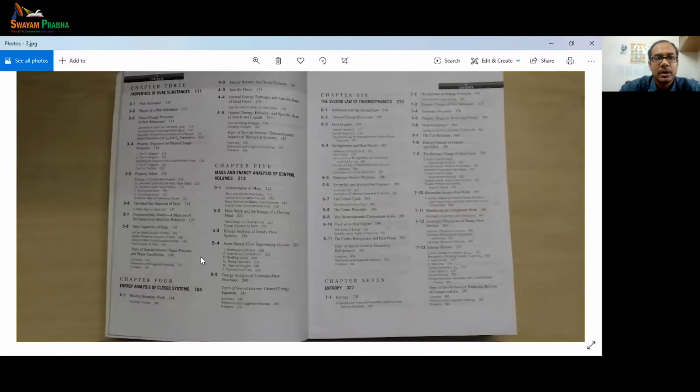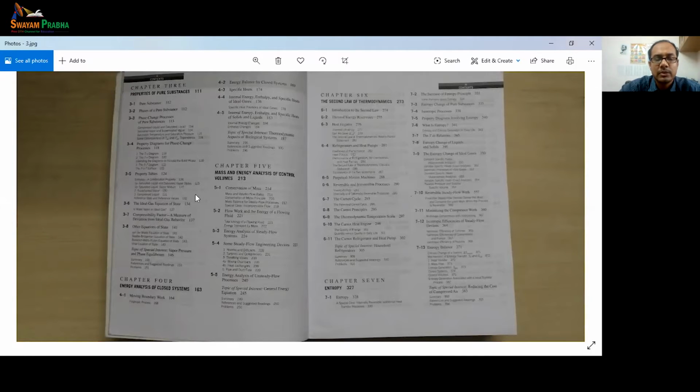We have solved a few problems in the last tutorials. Today we also will take a few problems from chapter number 3, which is properties of pure substances. This is a very important chapter.